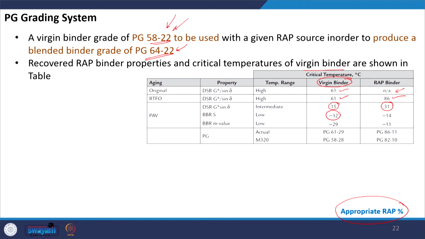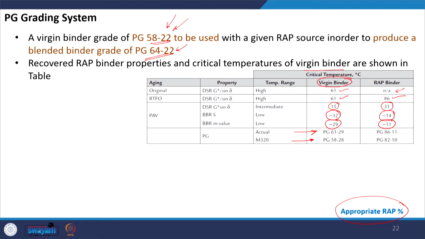The value of S corresponding to the BBR test is minus 32 for the virgin binder and minus 14 for the RAP binder, and this is minus 29 and minus 11. So this is what is given. The actual binder grade per M320 is indicated here.